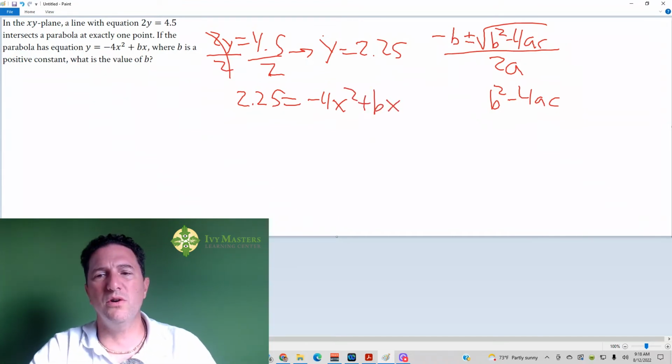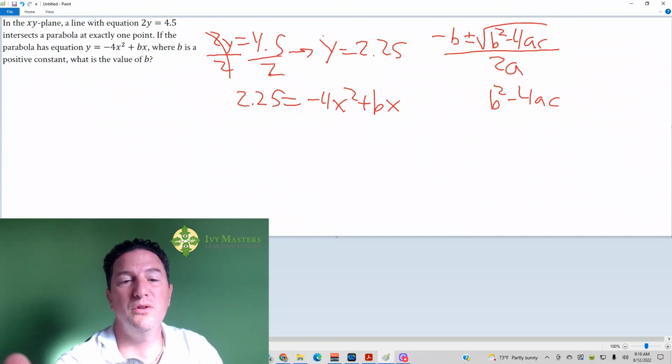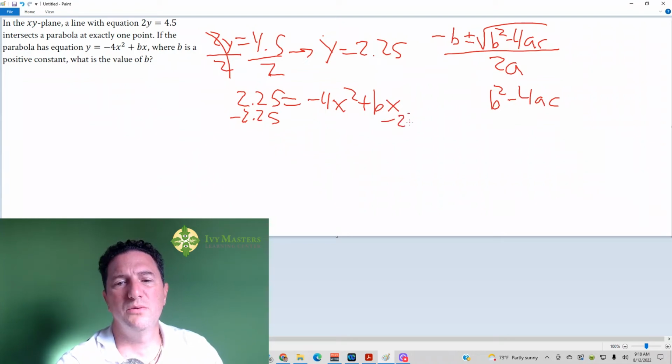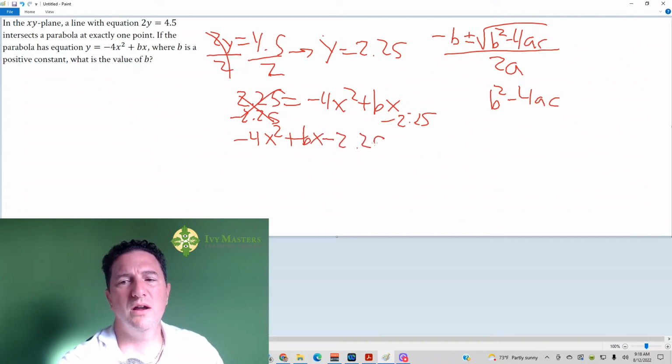And in order to do this discriminant, we've got to set the equation equal to 0. Easiest way to set it equal to 0 is to subtract 2.25 from both sides. So I do that, and this cancels. I've got negative 4x squared plus bx minus 2.25.